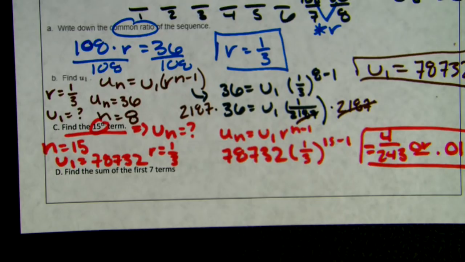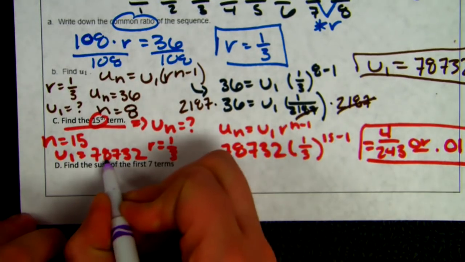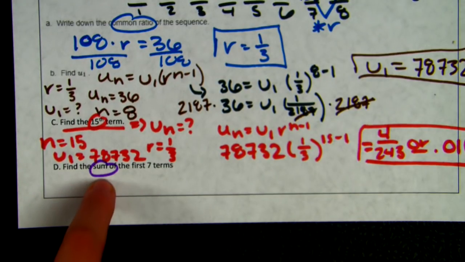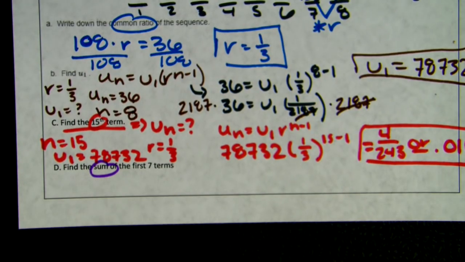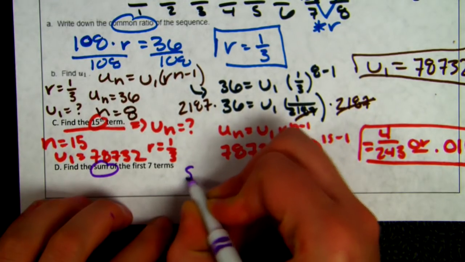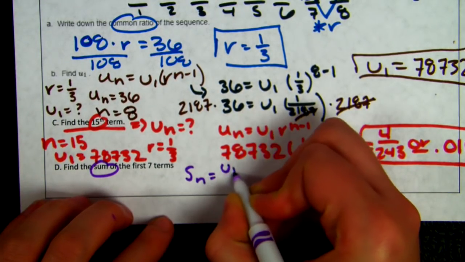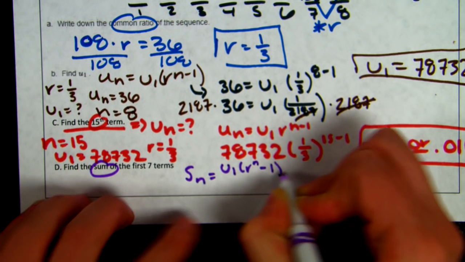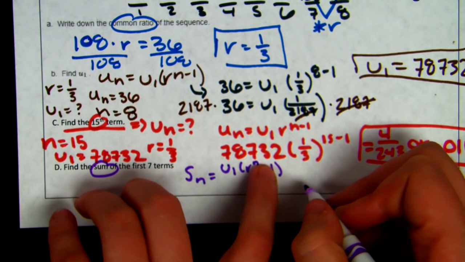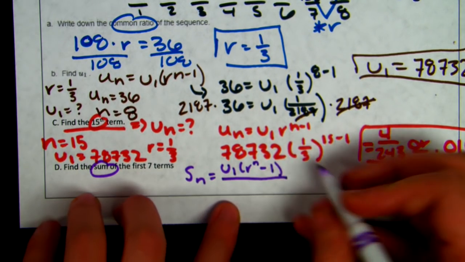We have find the sum of the first 7 terms. So if I'm thinking about the sum, I know that I'm going to need to use my formula at the top right, which is Sn equals U1 times R to the N minus 1, divided by R minus 1. Reminder that minus 1 is not in the exponent, which is a mistake I already made.